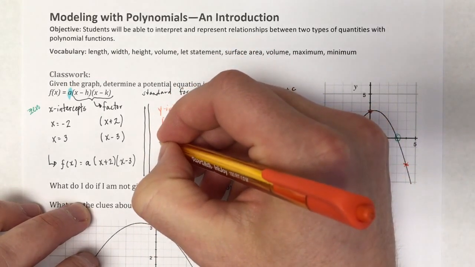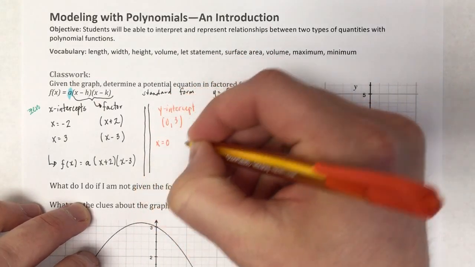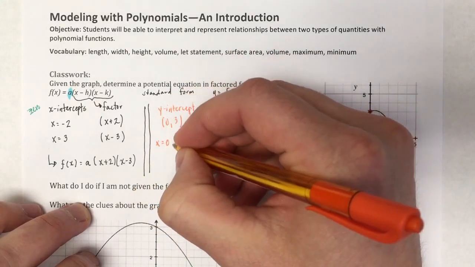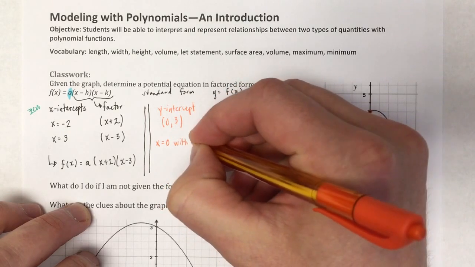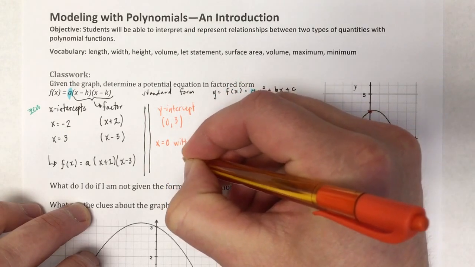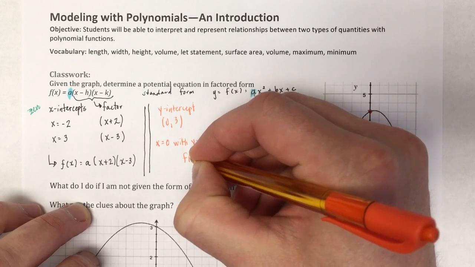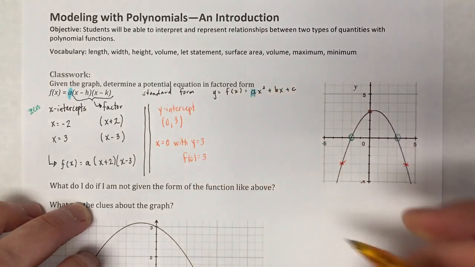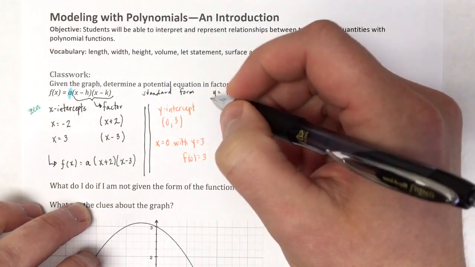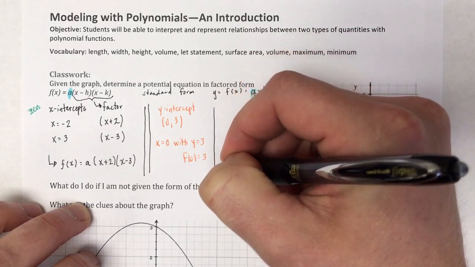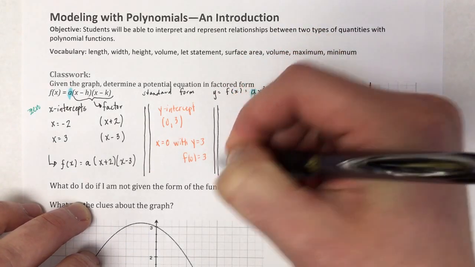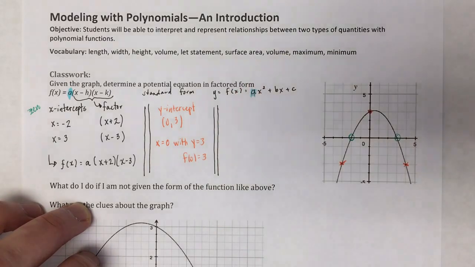And so what that means is that x equals 0 with y equaling 3, or if we keep this notation, f of 0 equals 3. And we do need to get used to that notation as we further ourselves this year. And we want to be able to go interchangeably between the f of x form and the y form. And so finally what I would do is I would substitute it.